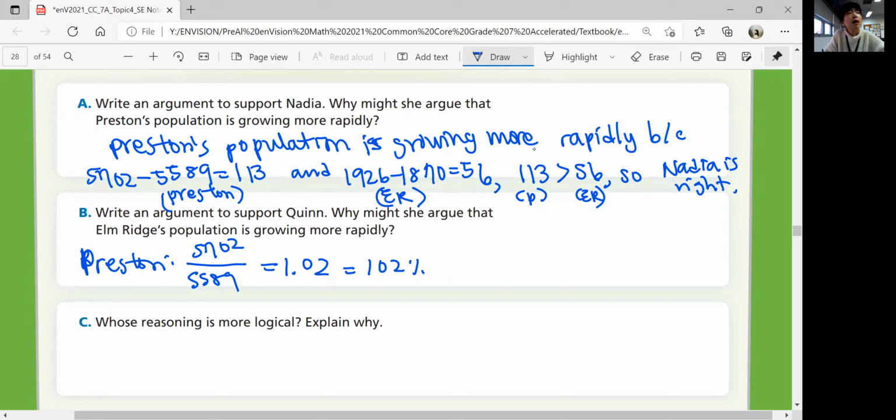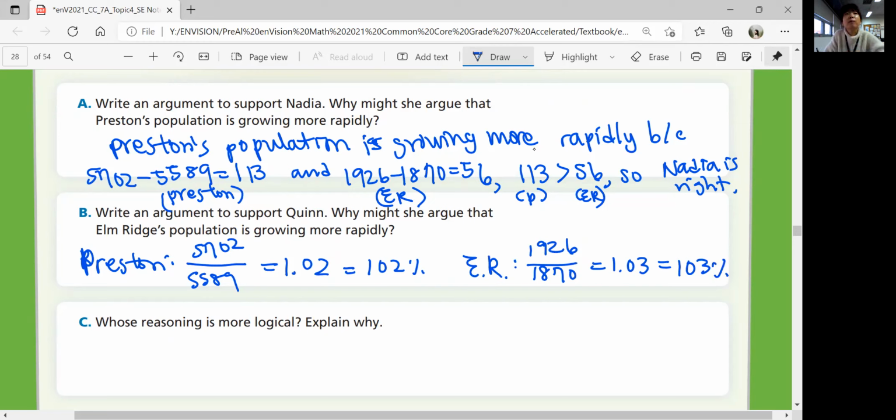Okay, and then Elmridge is going to be growing from 1,870 to 1,926. If you divide both numbers, you get 1.03, and that's percentage-wise 103%.